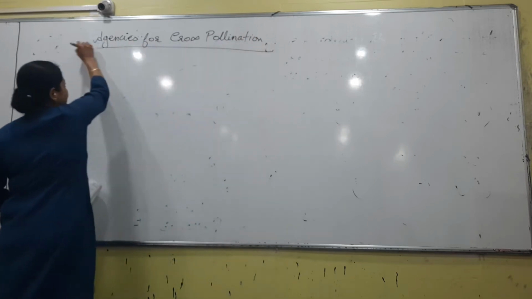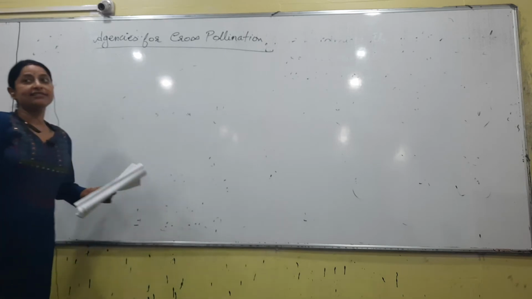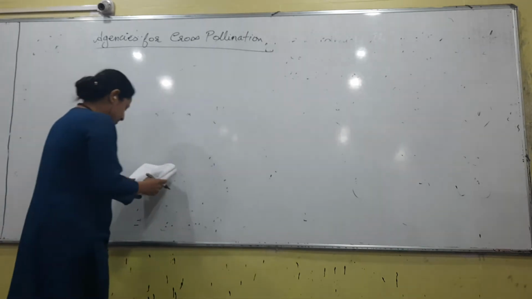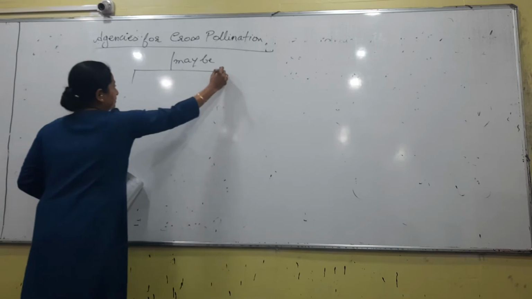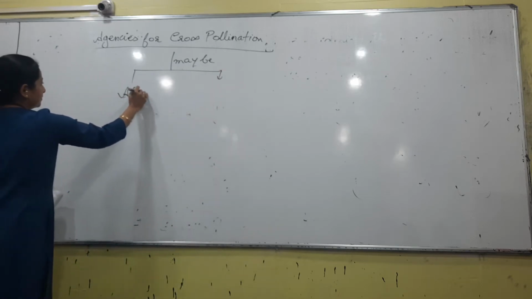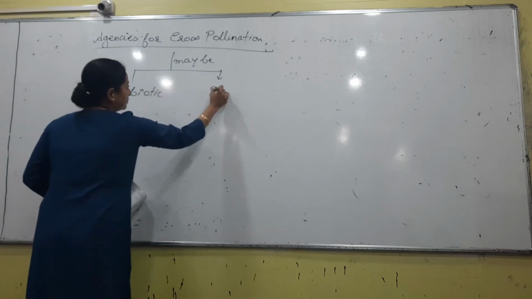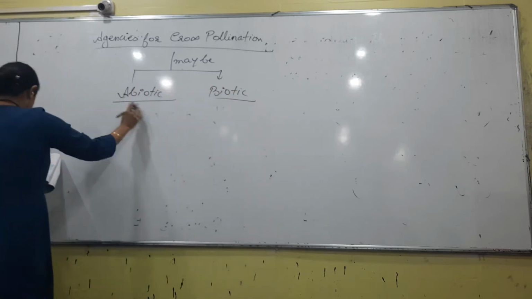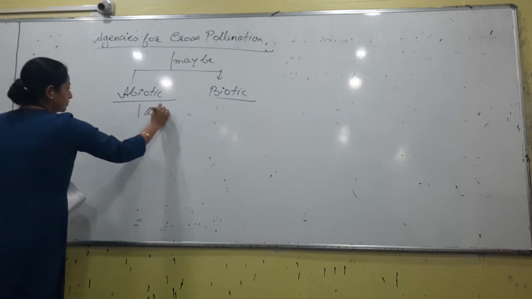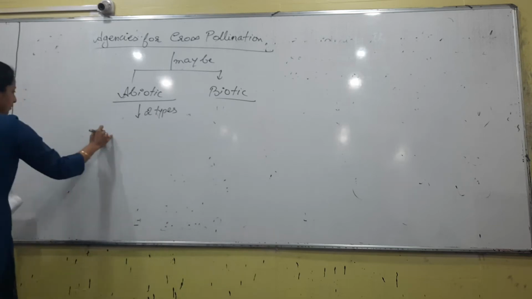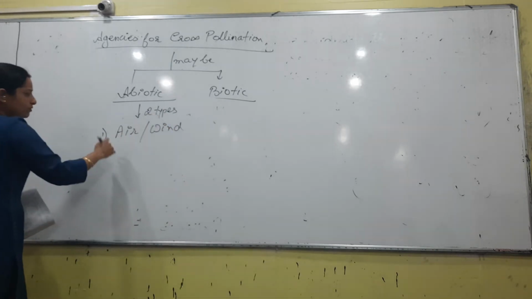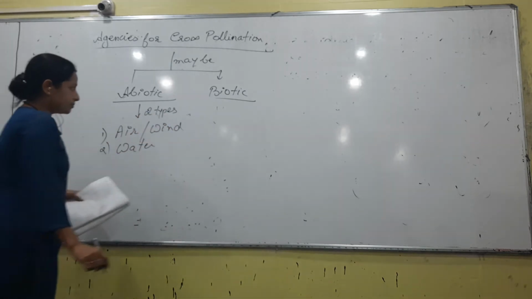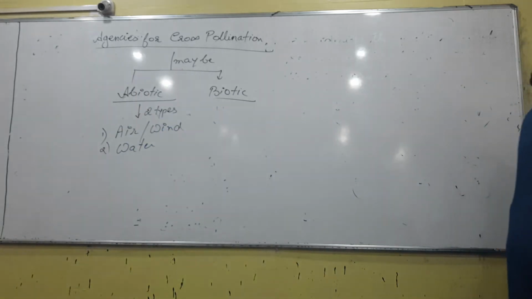So if you are talking about agencies for cross pollination, agencies could be broadly divided into two types: biotic agencies and abiotic agencies. So write it down.